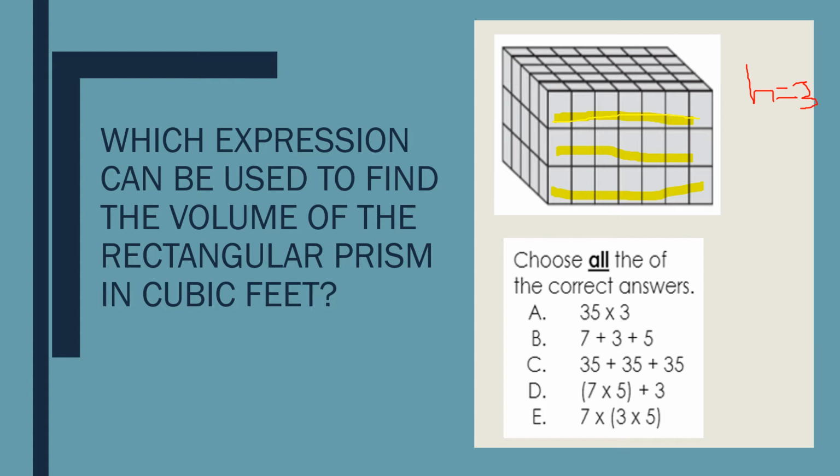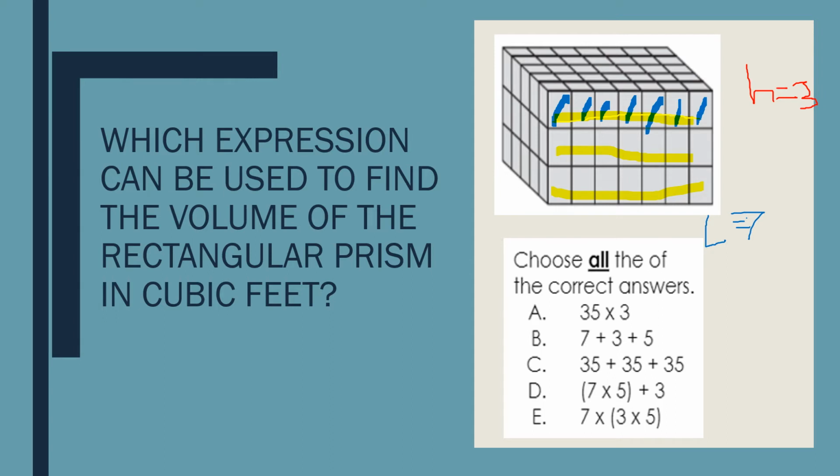So let's look at this length part right here. So I have 1, 2, 3, 4, 5, 6, 7. Now let me highlight that so you can see what I'm doing. So here we go. I have 1, 2, 3, 4, 5, 6, 7. So that lets me know that my length equals 7.